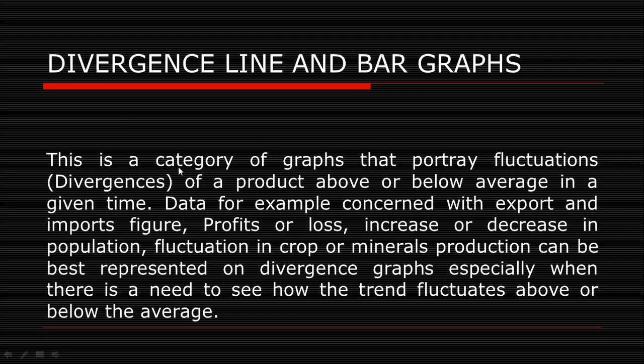So we are saying that this category of graphs, the divergent line graph or bar graphs, portray fluctuations. When we say fluctuations, it is either an increase or a decrease. So it is not stagnant. Whatever we are going to portray, maybe it increases and it decreases. And that's why the name is picked, diverge.